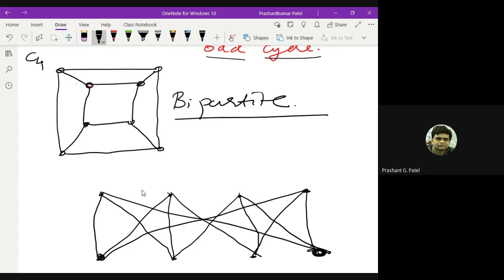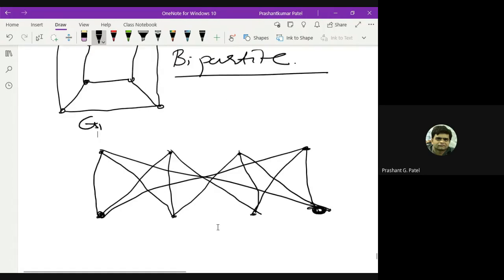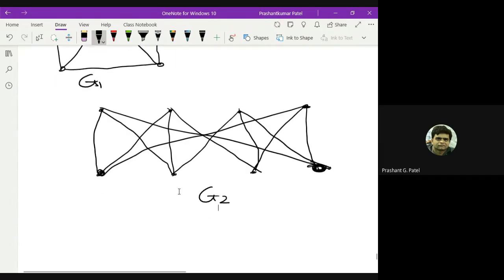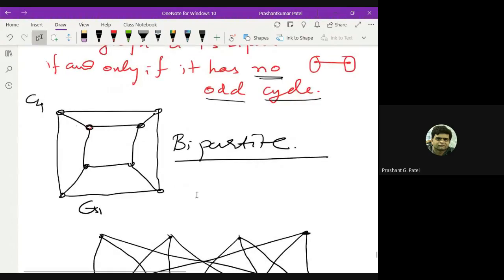Is this a bipartite graph? I can call this G1 and this G2. In fact, G1 and G2 are both isomorphic graphs, and they are bipartite.